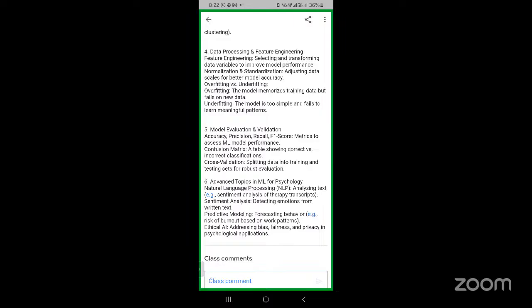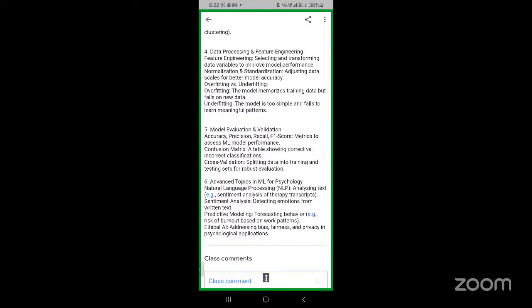Vishal, can you tell me why we apply normalization or standardization? Yes. Sir, it is written here that we adjust data scales for better model accuracy.